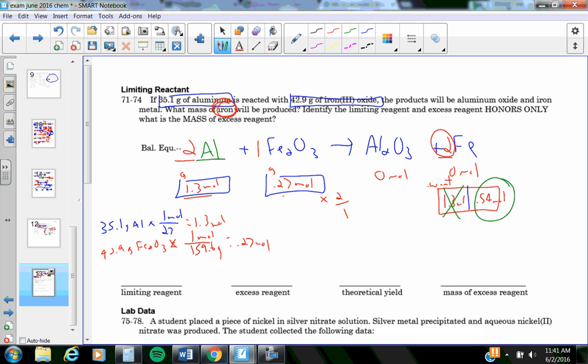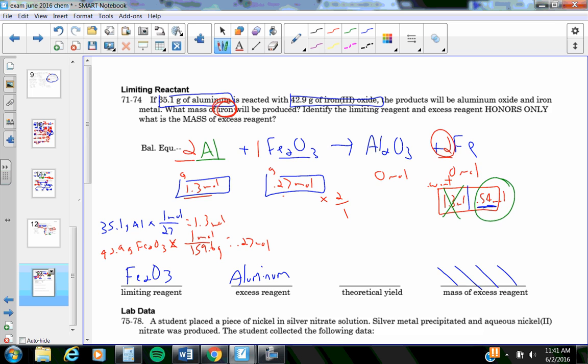Aluminum's number. We have more than enough aluminum, so that's going to be excess. We are limited by our amount of iron 3 oxide. This number, 0.54, came from how much iron 3 oxide we have. So our limiting reagent is Fe2O3. We don't have to do this part.